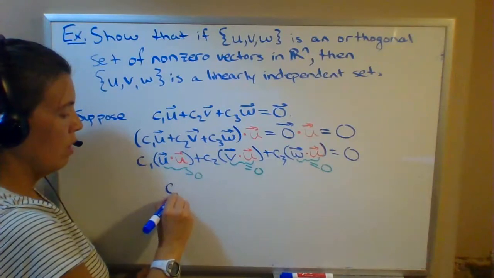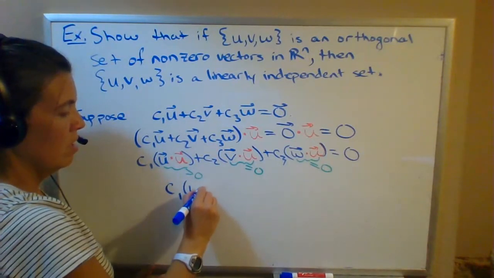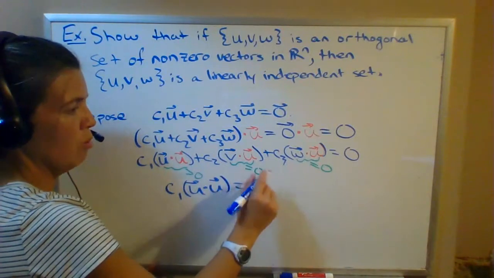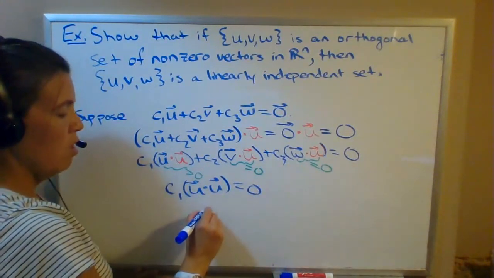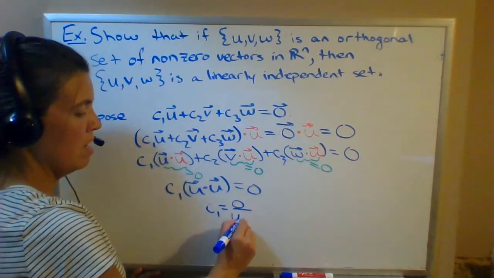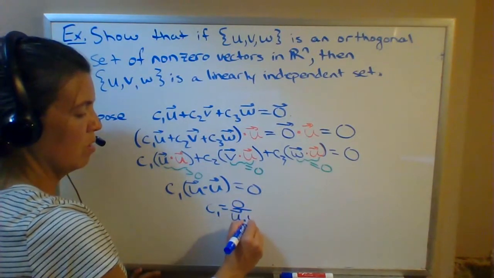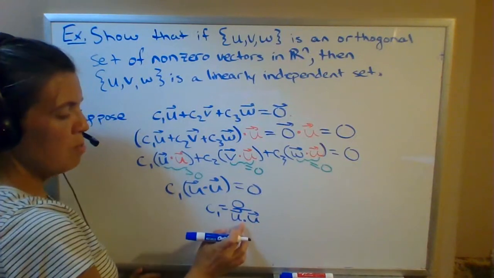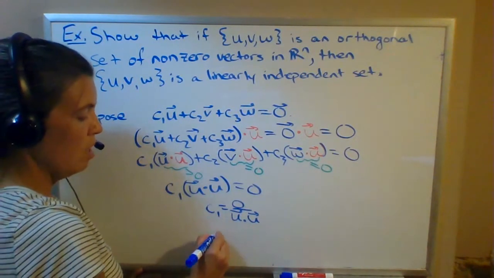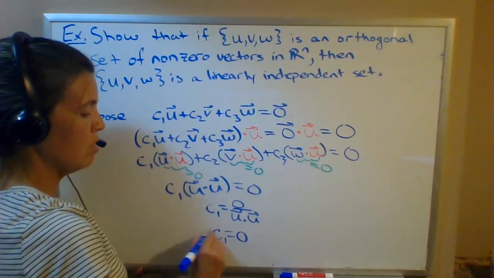So I can write that c1 times u dot u must equal 0, since the other parts of this sum are 0, which means c1 is equal to 0 divided by u dot u. And I can do this because I know that u is a non-zero vector, so I'm not dividing by 0 here, which means c1 is equal to 0.